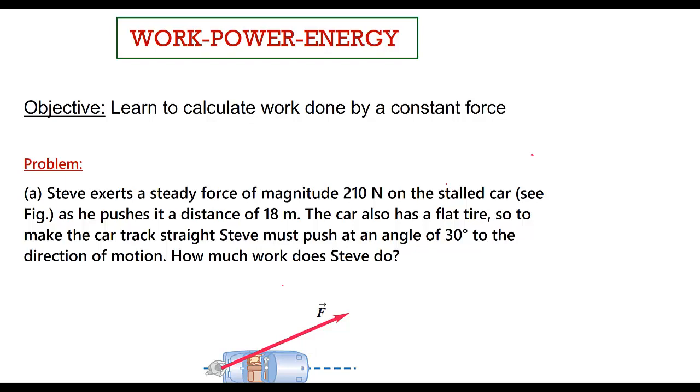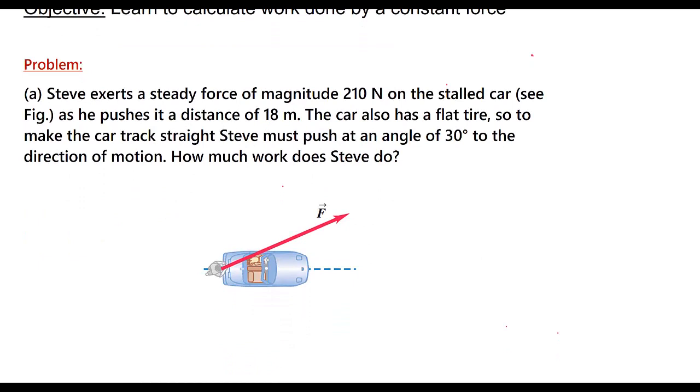So let us illustrate using an example. In this example, we have a car, and this car is pushed by a person. His name is Steve. Steve is exerting a force on this car, and this car is moving in this direction, that is, in a straight line.